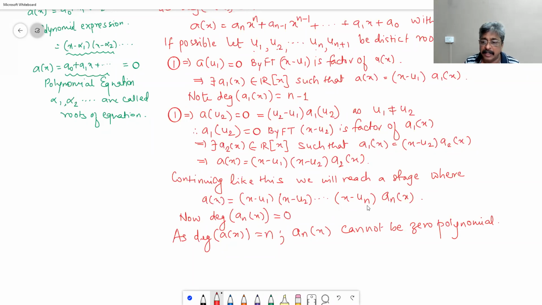Therefore an(x) is not 0, so an(x) is equal to k, where k is a nonzero real number.